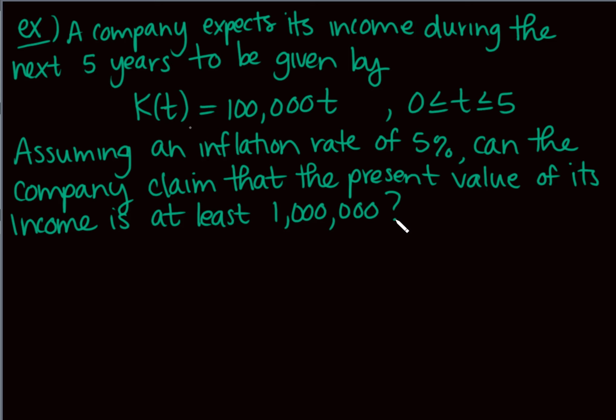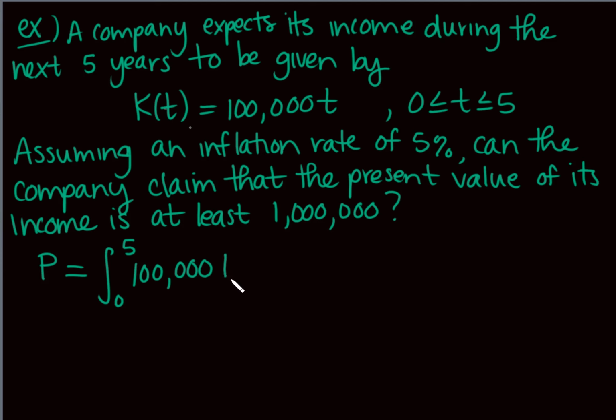But what is the actual present value of this income? If I wanted to convince someone to invest in my company, I could say, here's the present value of my income. This is what you're really investing right now, and this is what we are going to make eventually.